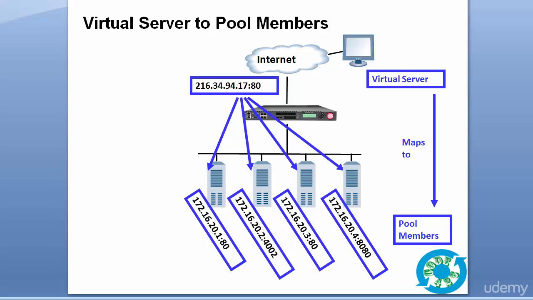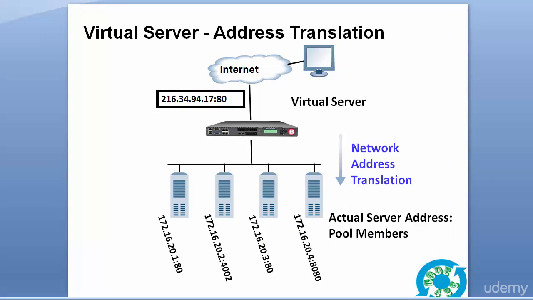When a new connection is initiated to a virtual server that is mapped to a pool, various criteria, including the pool's load balancing method, may be used to determine which member to use for that request. The Big IP LTM performs address translation from virtual server addresses to real server addresses.